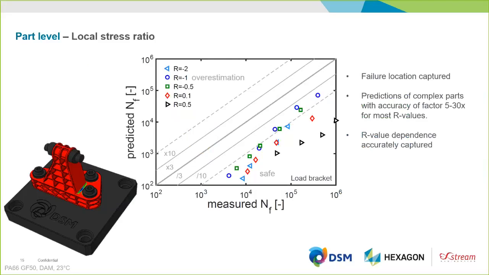So if our predictions would be perfect, all points would need to lie on this diagonal line, but we see that we underestimate the lifetime. And given the range here, we underestimate with a factor of 5 to 30. We do see, however, that as the trends of these lines are parallel to this diagonal, we do catch the trend of the measured lifetime with our model.